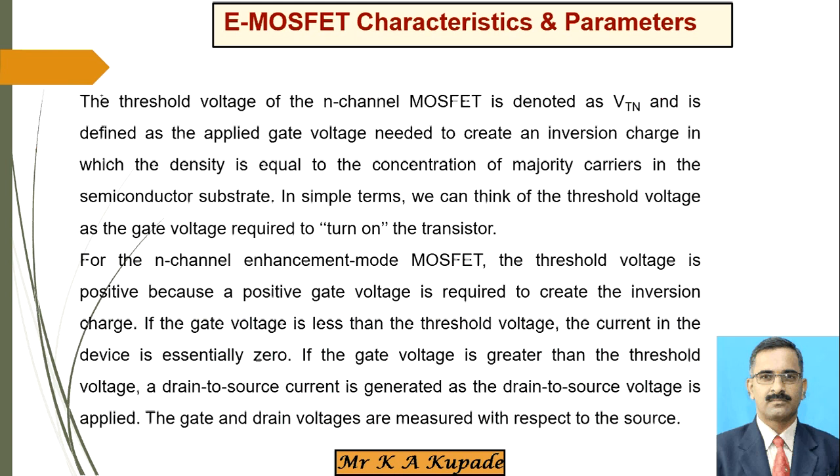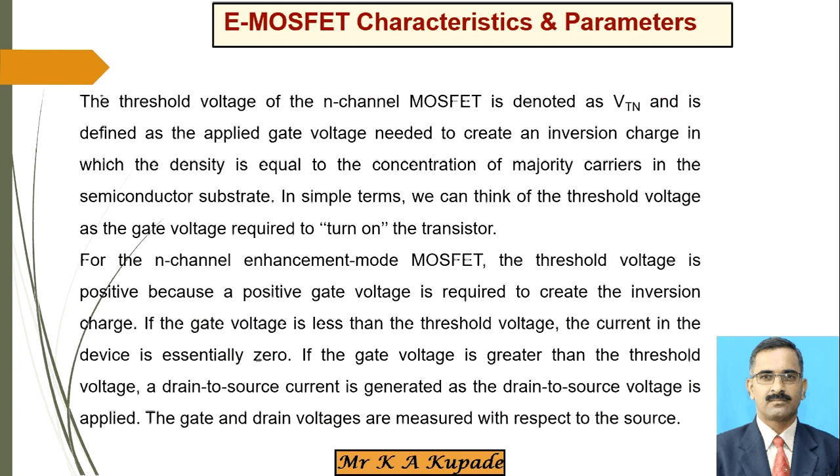Are you understanding what I am saying here? Suppose the gate voltage is greater than the threshold voltage VTN, then whatever current flows through the drain to source region is due to the drain to source voltage which is applied. Remember that.